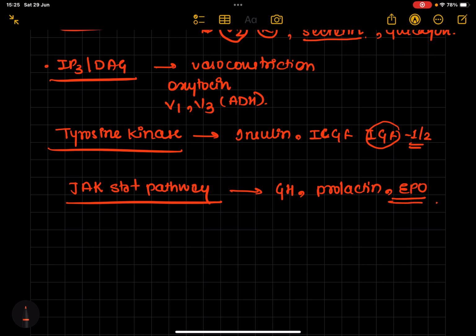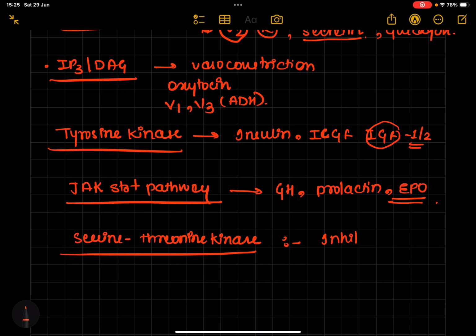And by serine threonine kinase, what we have to remember mainly is inhibin and bone morphogenic factor.